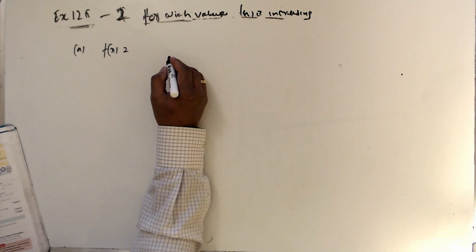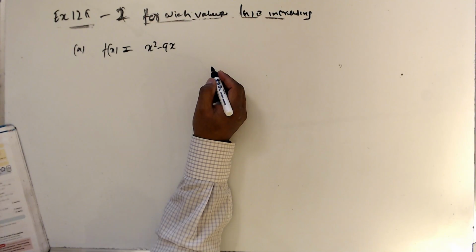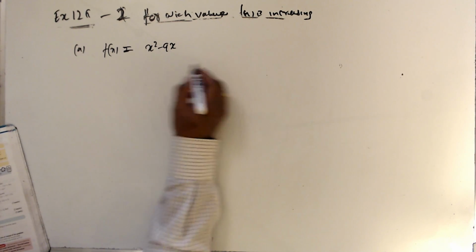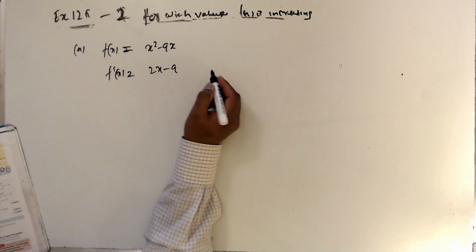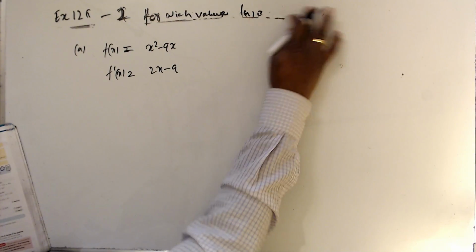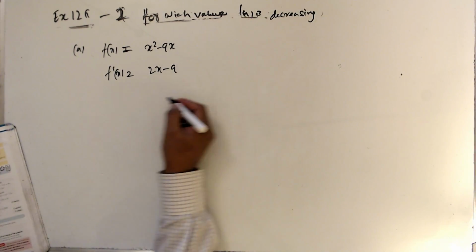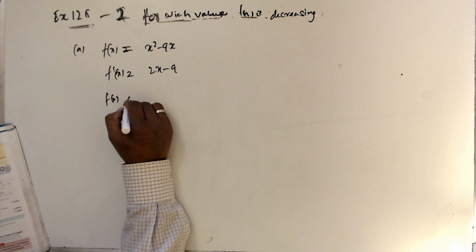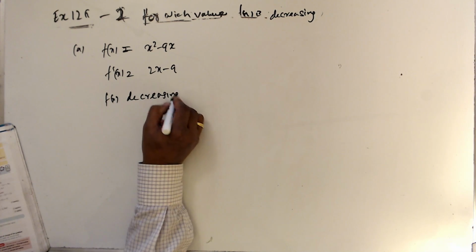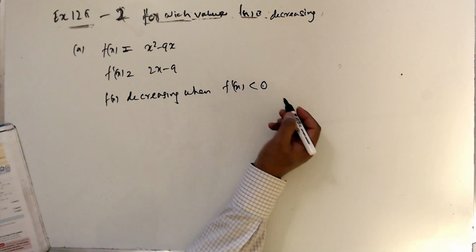So f x is x squared minus 9x. Then f dash x is 2x minus 9. So this is not increasing, this is decreasing. f x is decreasing when f dash x is less than 0.